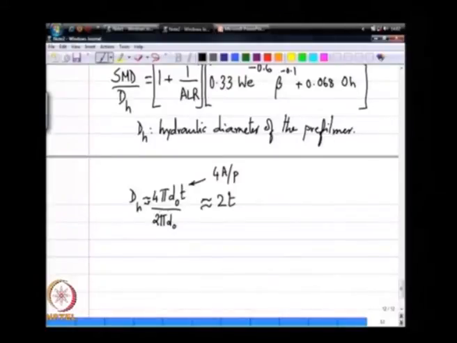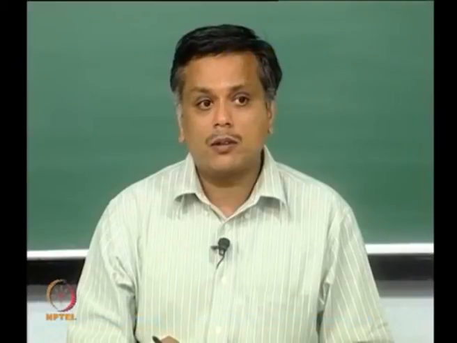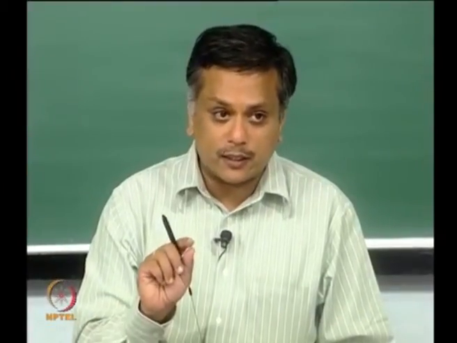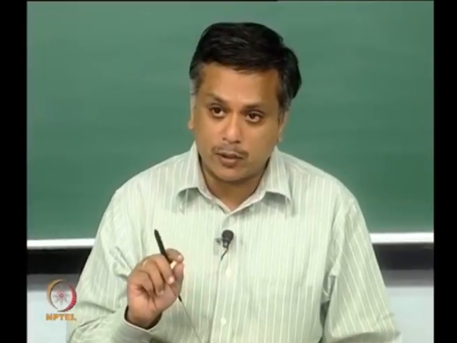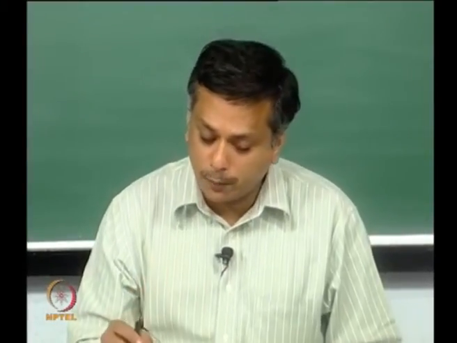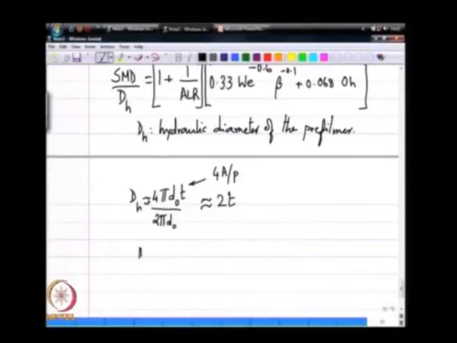The denominator is the total wetted perimeter, which is equal to pi d 0 on the inner side plus pi d 0 plus the tiny thickness, pi d 0 plus pi 2 T. So if I ignore the thickness in favor of the diameter, I get 2 times pi d 0.